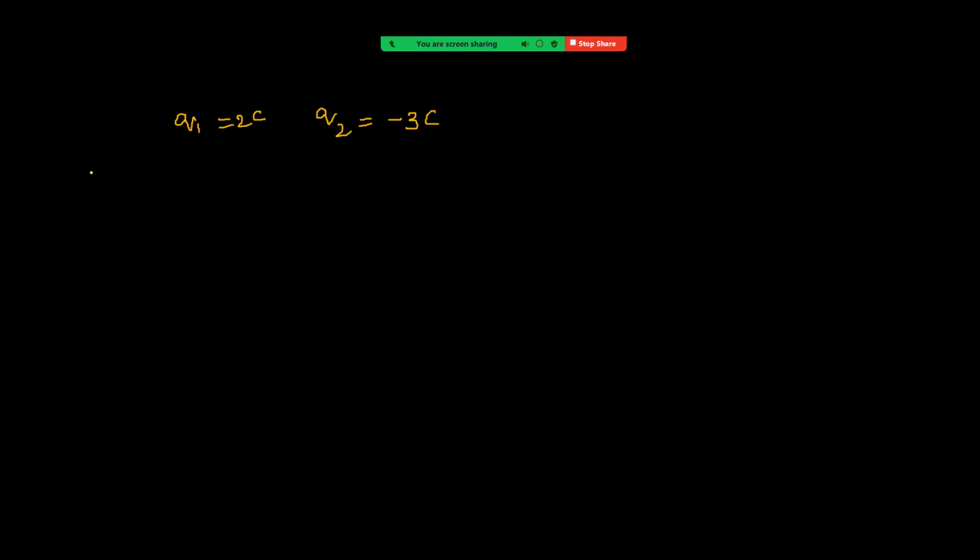Given their position vectors, R1 bar is given as i cap plus 2j cap plus 3k cap. R2 bar is 3i cap plus 6j cap plus 5k cap.